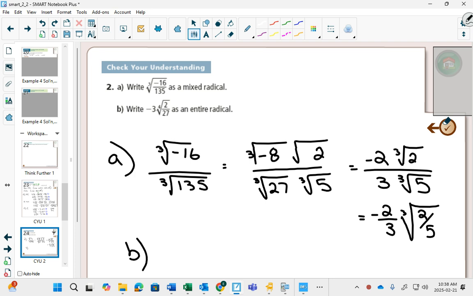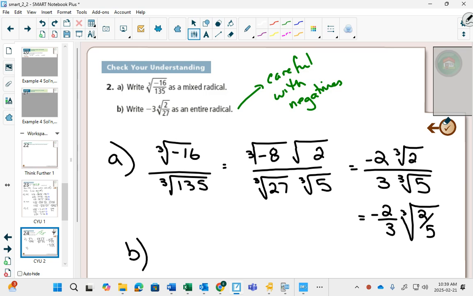B, we want to write as an entire radical. I'm going to just make a note here. Careful with negatives. If the negative is outside and it's a cube root, a fifth root, any odd root, you can put the negative inside.